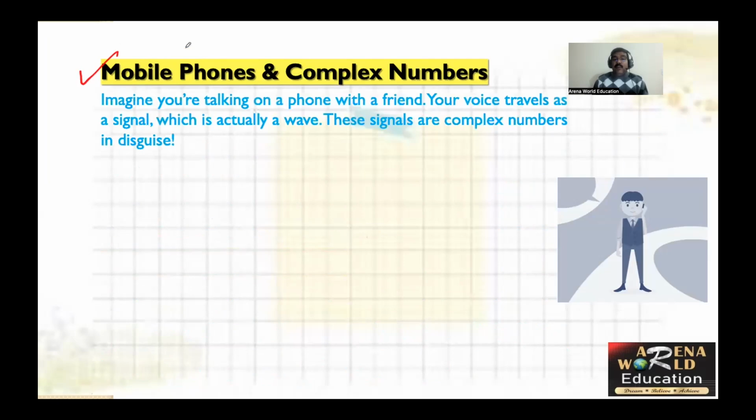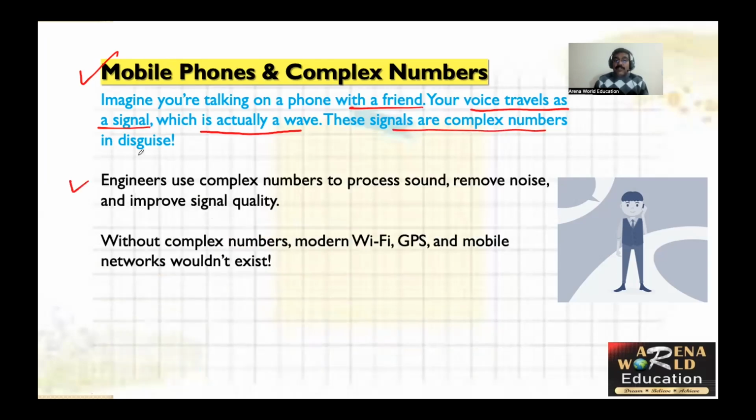So imagine you are talking on a phone with a friend. So what will happen? Your voice travels as a signal, right? And this signal is what? This is actually a wave. So these signals are what? These are complex numbers. In fact, engineers use complex numbers to process sound, remove noise, and improve signal quality.